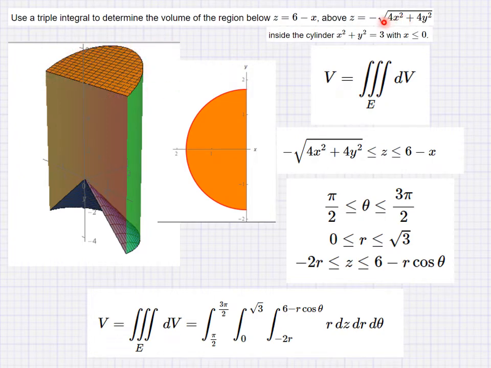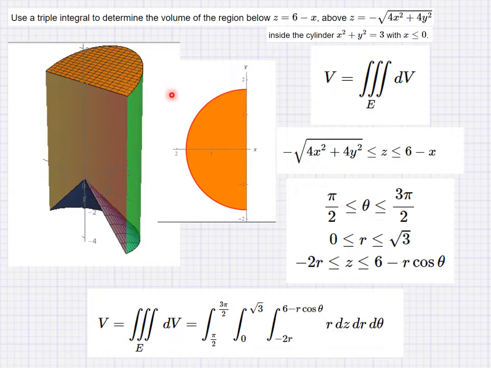On the bottom, we have this function here, this negative square root of 4x squared plus 4y squared. So it's this cone-like figure on the bottom. That's your z's going this direction. The cylinder, x squared plus y squared equals 3, is this circular pattern that we have here.